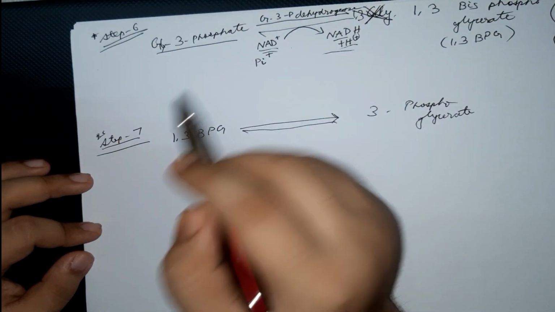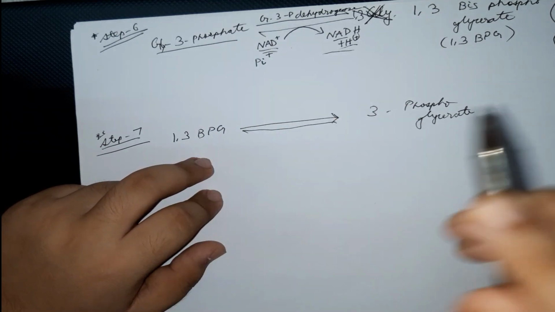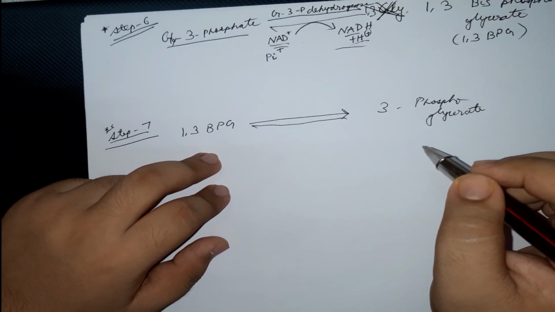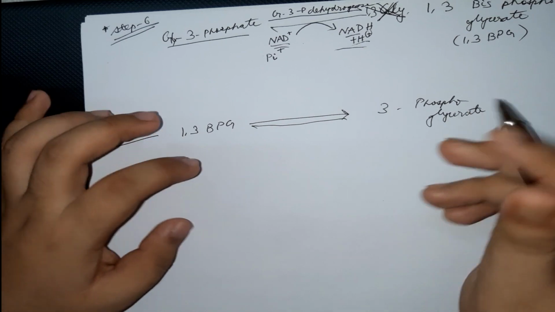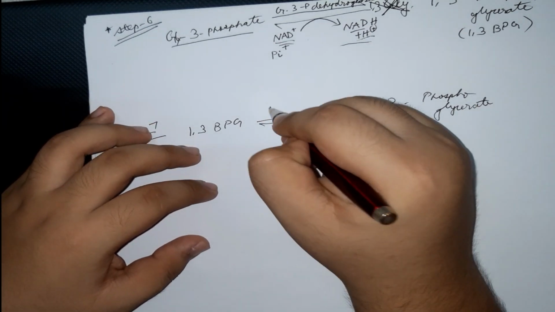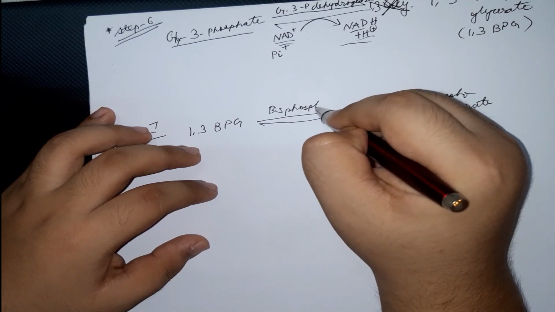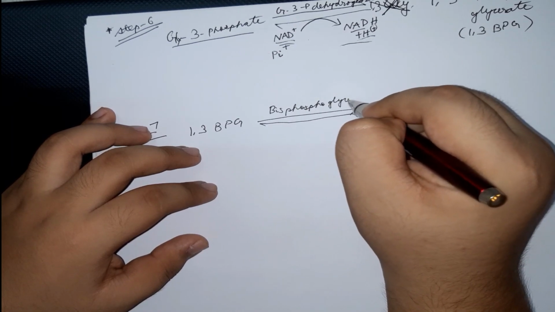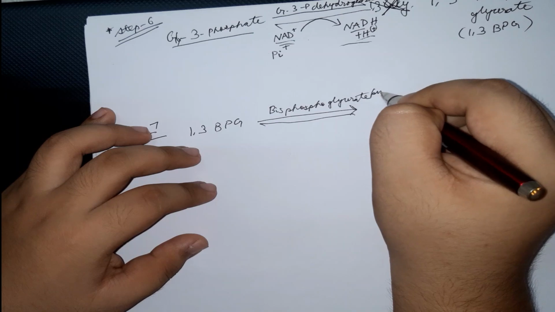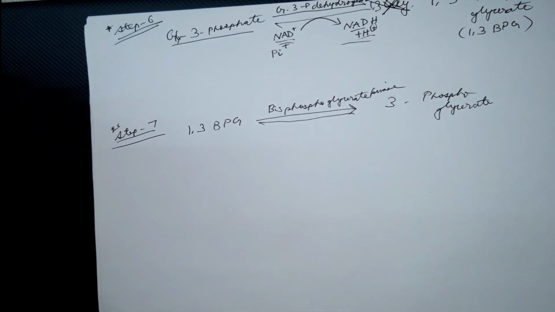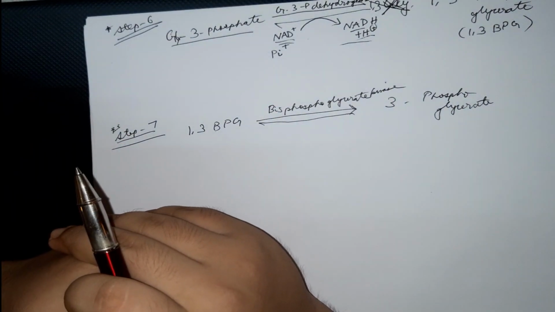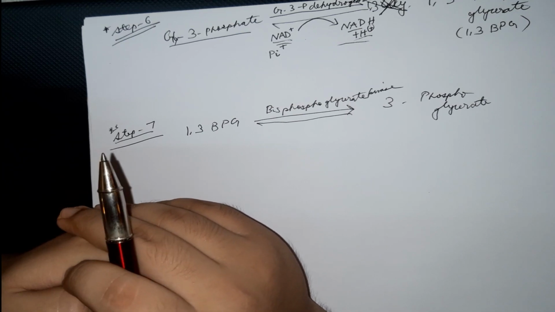Okay, so 1,3-bisphosphoglycerate is being converted to 3-phosphoglycerate, and the enzyme here is bisphosphoglycerate kinase or phosphoglycerate kinase. Done. So that's the name of the enzyme here.